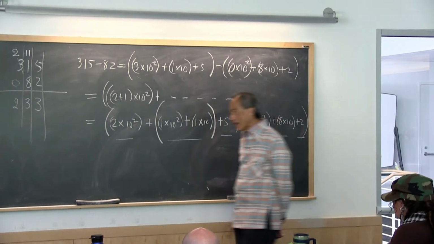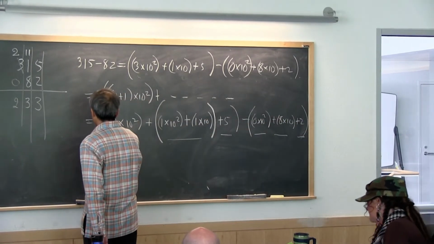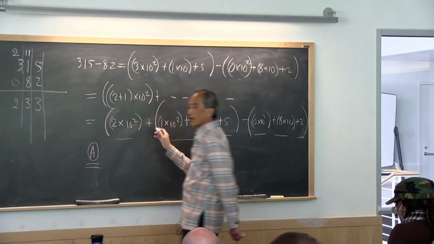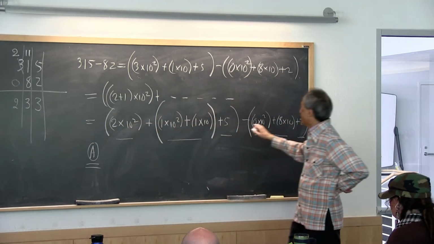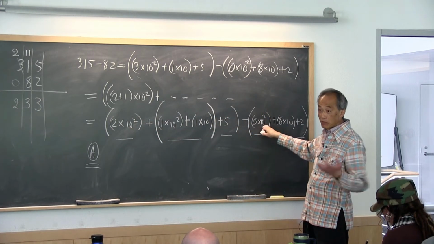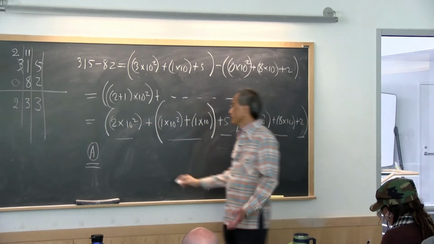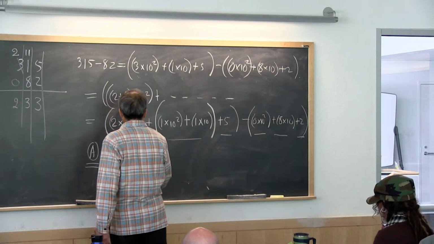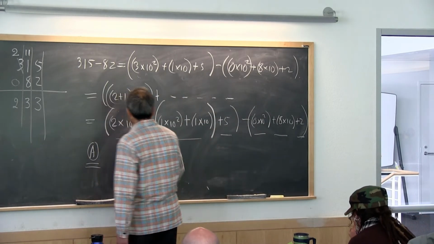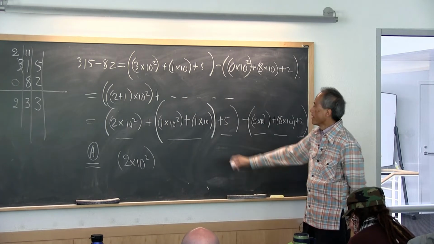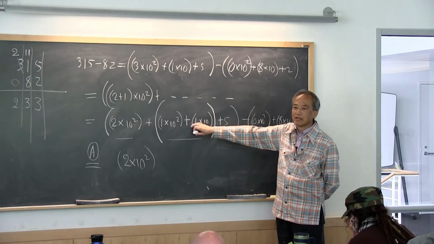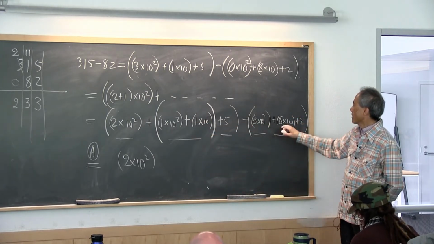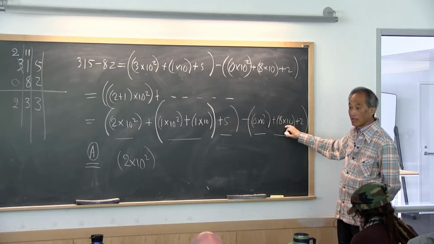Then identity A tells you this minus this. I hope we can do it by sight. That's 2. This, no matter how you look at it, is 110, minus 80. It's 30.